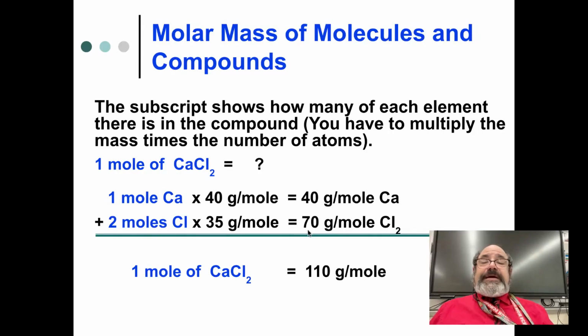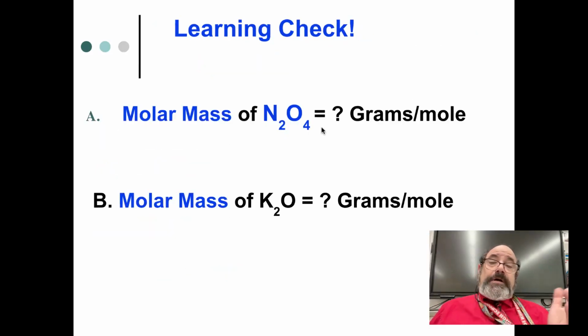And then we add them together to get 110. So the molar mass of calcium chloride is 110 grams per mole. And if you're curious how many molecules of calcium chloride there are, 6.02 times 10 to the 23.